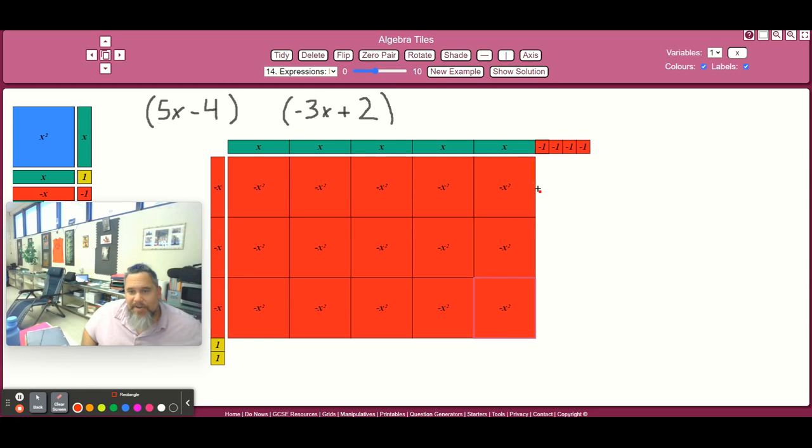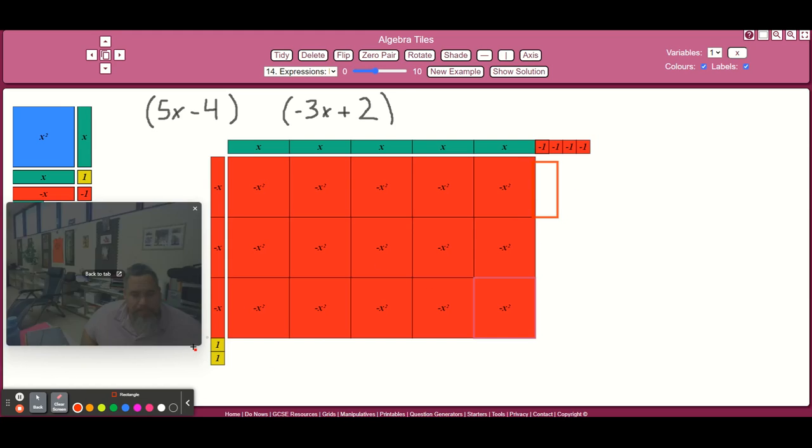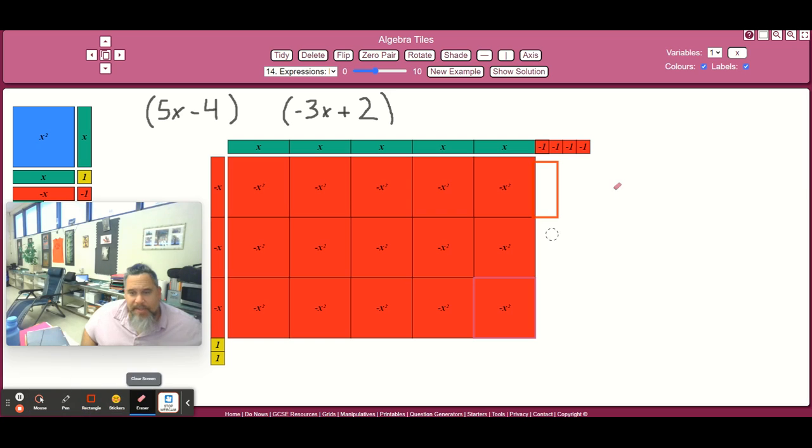Now, let's look in this area right here. I have it in red, but I maybe should have done black. This area right here is negative 1 of a negative x, meaning the opposite of a negative x, which would be a positive x, right? So I'm going to come up here and grab a positive x.